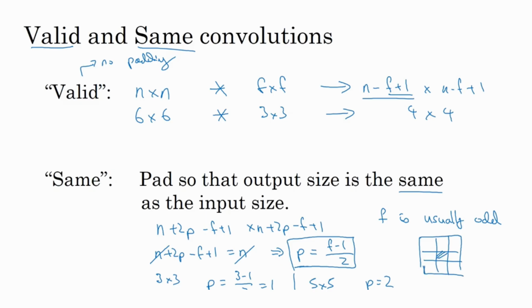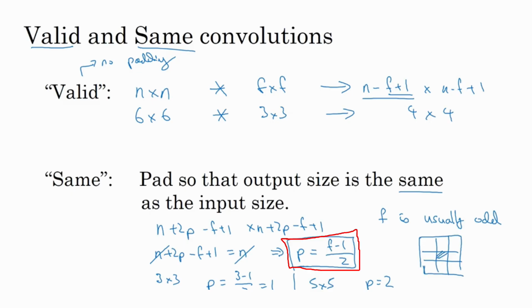By using this formula, you can anytime identify what padding you should add to your original input image so that it will be a same convolution. By same convolution, again I mean the input size and the output size will be the same.